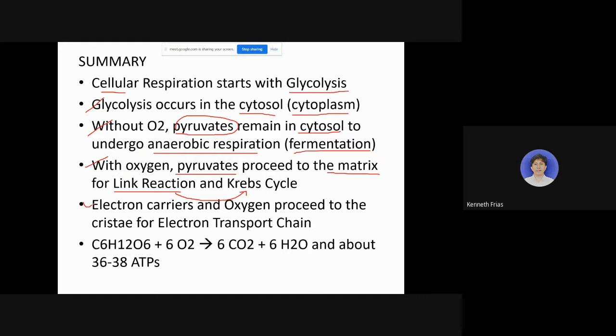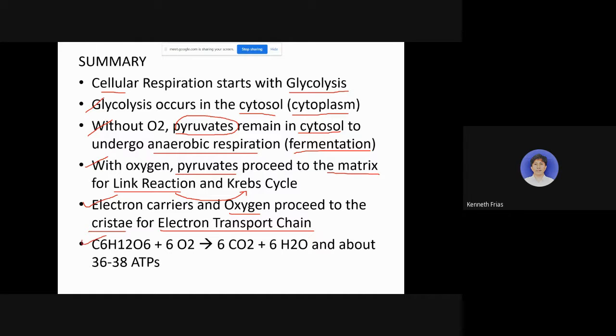Next, the electron carriers, NADH and FADH2, are very important because they, together with oxygen, will proceed to the cristae, or the inner membrane folds of the mitochondrion, to perform the electron transport chain. This will result in the increase in concentration gradient, then chemiosmosis, and oxidative phosphorylation. This oxidative phosphorylation will lead to the production of lots of ATPs.